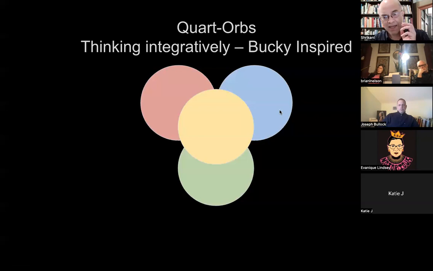Okay. And the way in which I am working on the tetrahedrons is not for geometry, not for design, but mostly on these 2 parts, kind of integrative, thinking integratively. It is Bucky inspired.